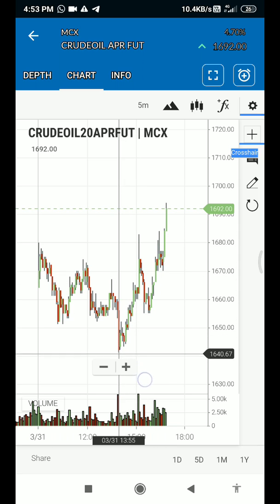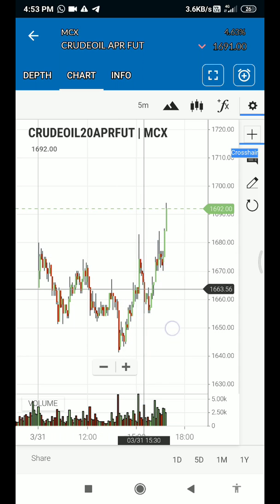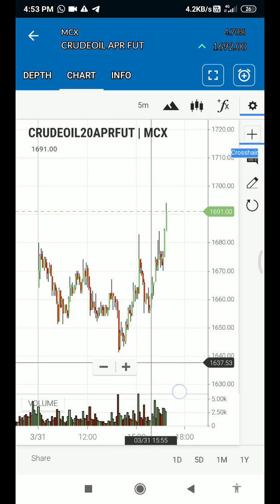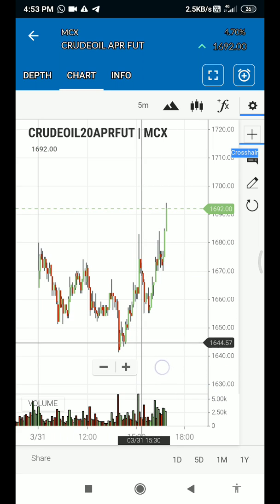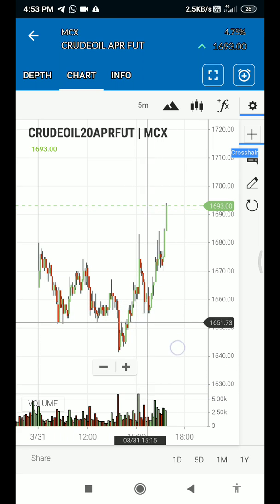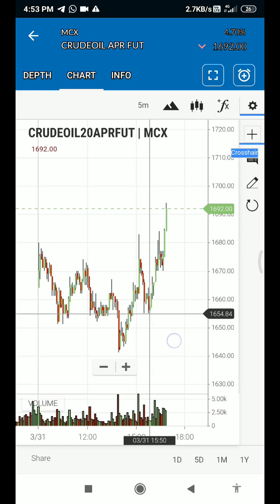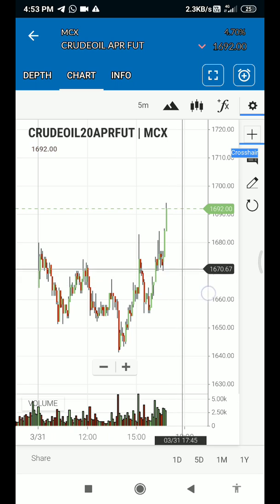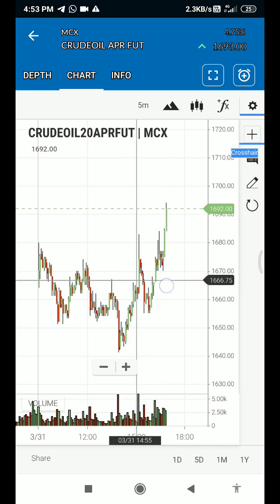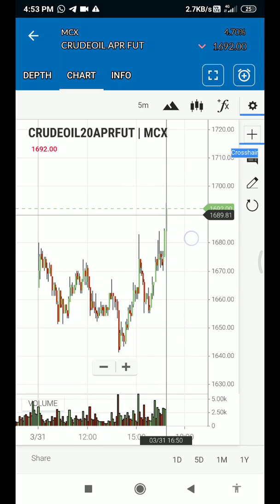Now it had formed higher low. This is higher high. If market closes somewhere around here, the trend will resume in bearish mode, but it reversed from here, marking this as higher low, higher low, higher low, higher low. So at present the market sentiment is bullish.